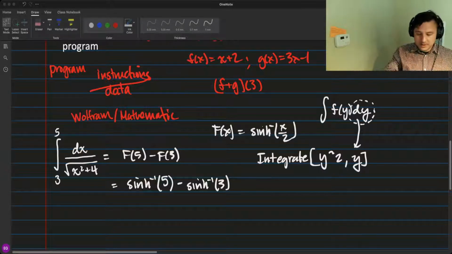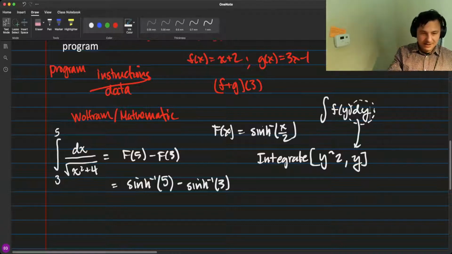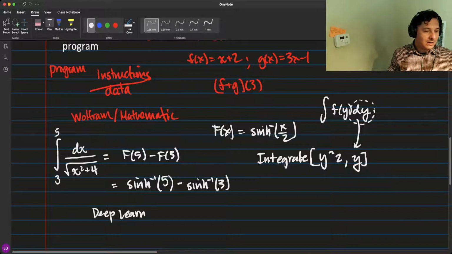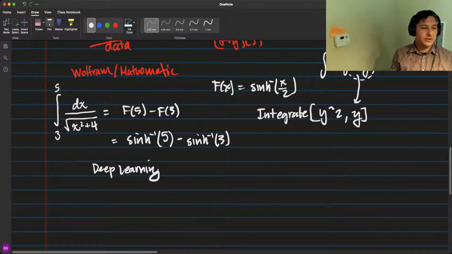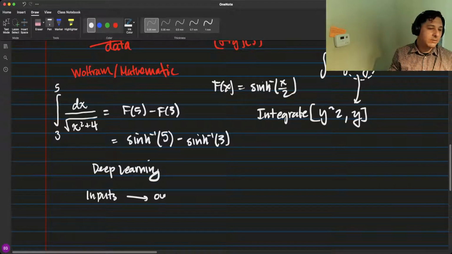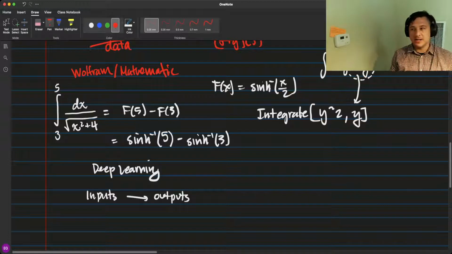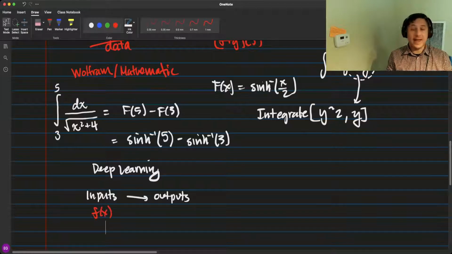Okay, so what these researchers did is, has everyone heard of deep learning? Deep learning is where you give it a bunch of inputs with a bunch of matched outputs, and then the computer comes up with an algorithm to figure out how the inputs are connected to the outputs. The inputs in this case were some function that you want to integrate.